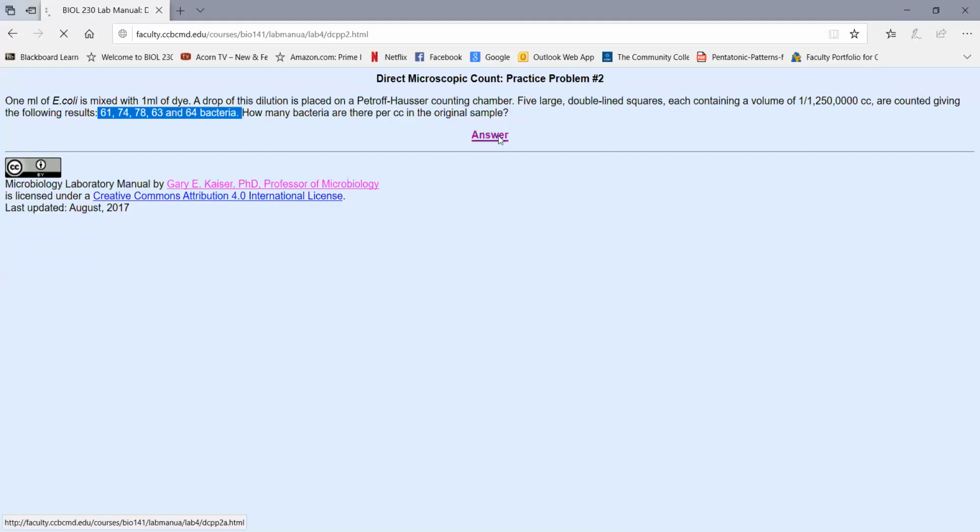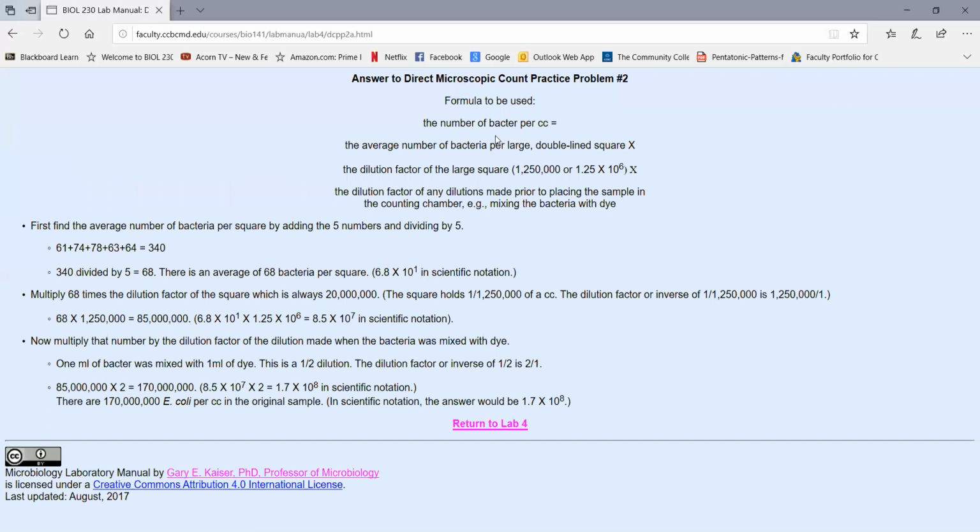So again, if we take that and plug it into our formula, the first thing we have to do is find the average number of bacteria per large double-line square. So here's the 5 squares we counted. We add those up. That's a total of 340. To find the average, we divide 340 by 5, because we counted 5 squares. And that means there's 68 bacteria per square.